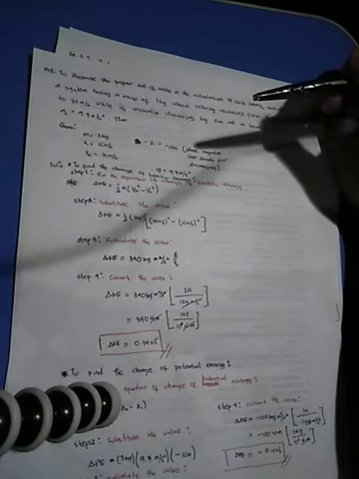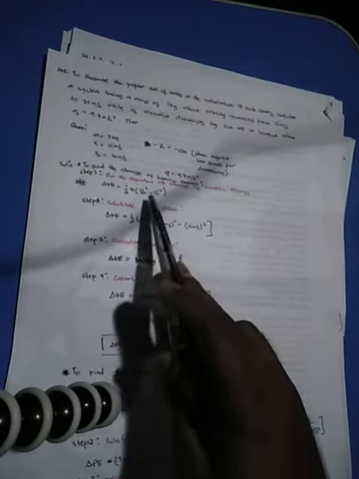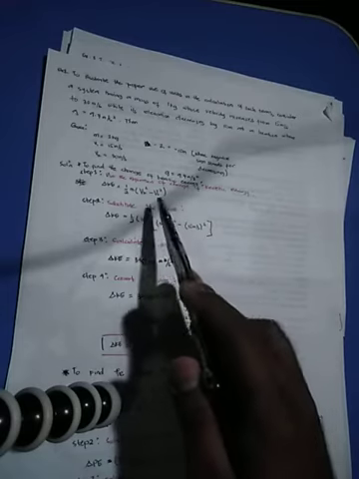It is 1/2 times the mass multiplied by the square of the change of velocities. Or we can just say that the formula for kinetic energy is 1/2 mv squared. So this is the equation we will use.